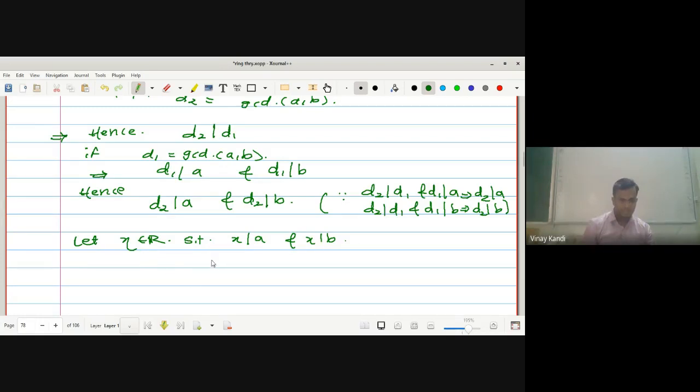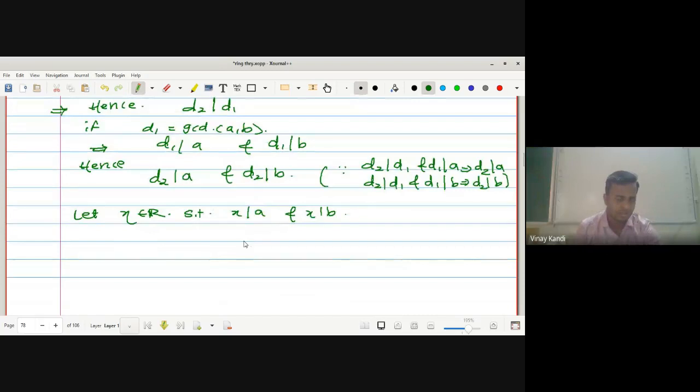Look at it. Wait a minute. Then D1 is equal to X divides. Wait a minute. Okay. Now, let X belong to R such that X divides A and X divides B. But we have D1 is the what?